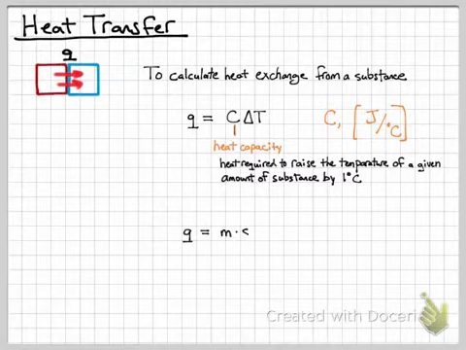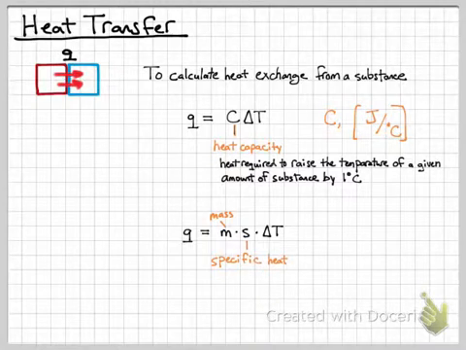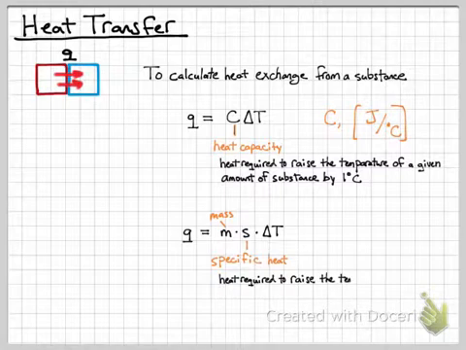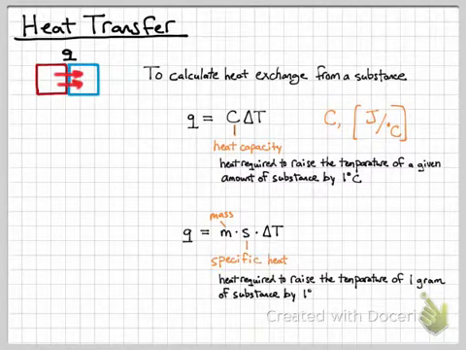The second equation that's used is dependent on both the mass of the substance given and a constant for that substance called its specific heat. Now, specific heat is different than heat capacity in that it's defined as the heat required to raise the temperature of 1 gram of a substance by 1 degree Celsius.